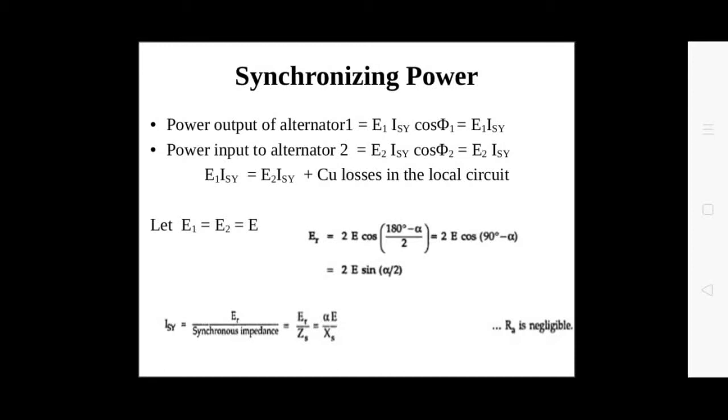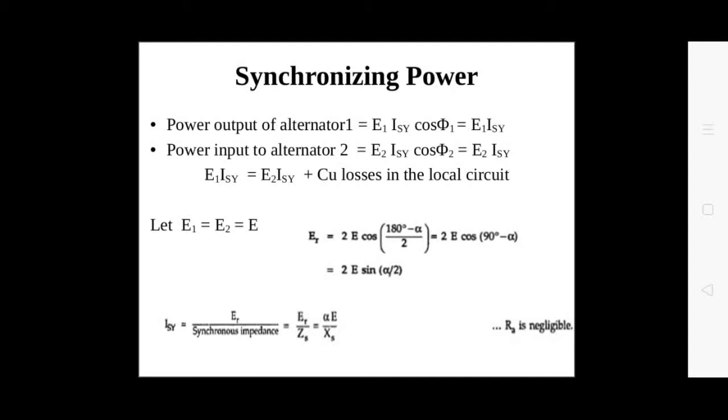This power is approximately equal to E1 into ISY, as phi 1 is small and ISY is almost in phase with E1. This power is called the synchronizing power. Thus the power which automatically comes into play, accelerating the machine which was retarding and decelerating the machine which tries to accelerate, is called the synchronizing power.